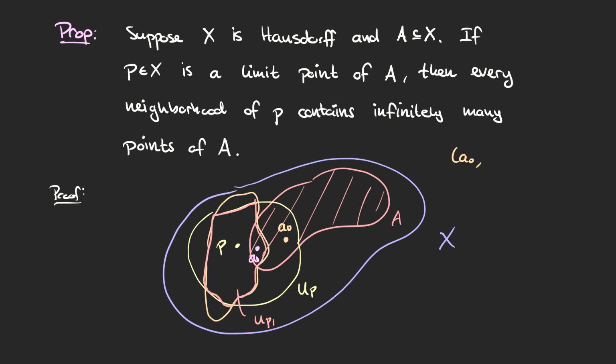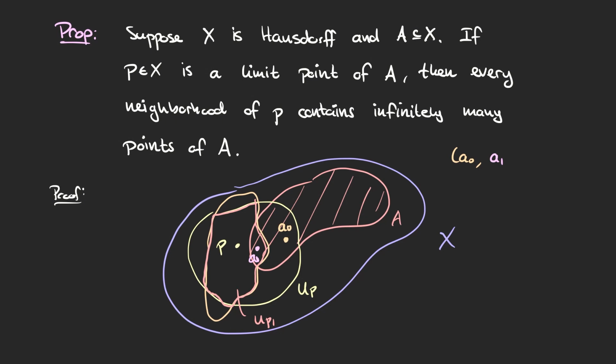Now because UP1 is contained in UP, in particular, A1 also lies in the original UP. Moreover, by the way we've chosen this new neighborhood, UP1 does not contain A0, so A1 will be distinct from A0.